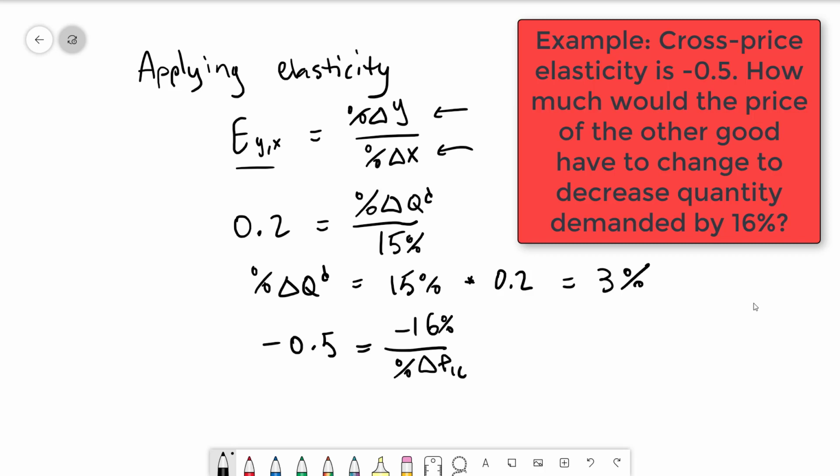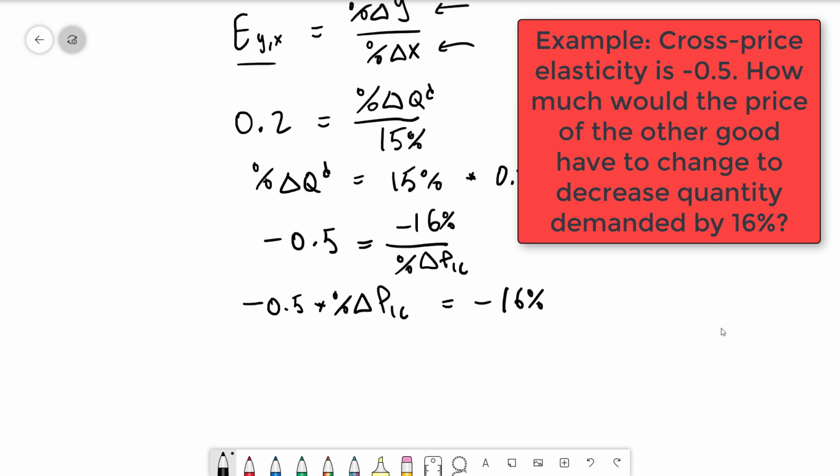To figure this out, we can just do some algebra here. Multiply both sides by percent change in the price of ice cream. So we get negative 0.5 times the percent change in the price of ice cream. That's equal to negative 16%. We can then multiply both sides by negative 2 to cancel out the negative 1/2.